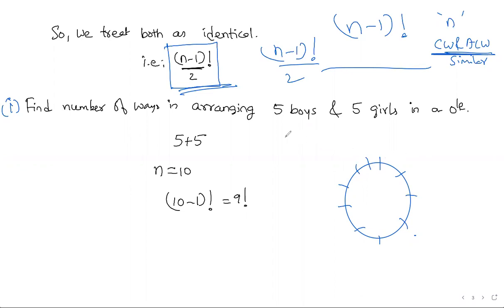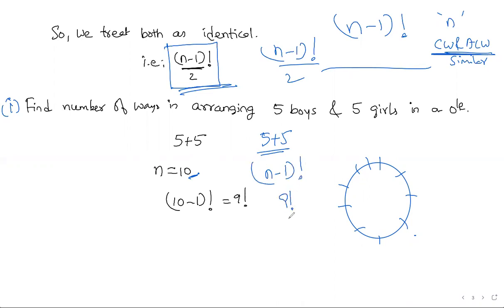And there are no conditions in the question, like how to seat the boys and girls, or whether the boys should be seated next to girls or not. These conditions are not given, so we can place them any way we want. So total 5 boys and 5 girls, total n equal to 10. And for us to arrange in a circle, the formula is n minus 1 factorial.